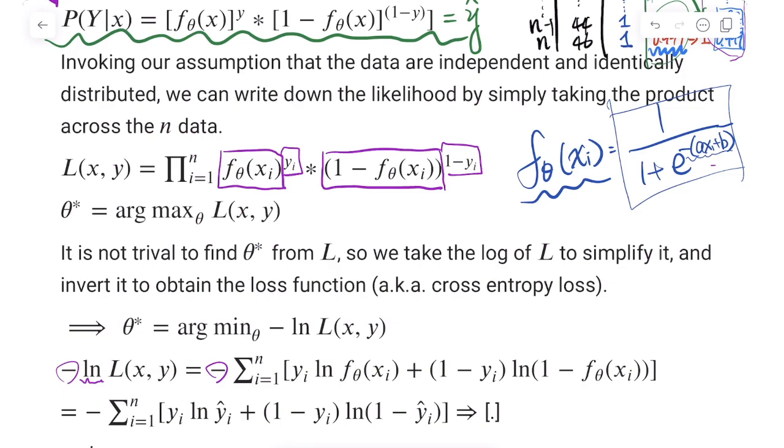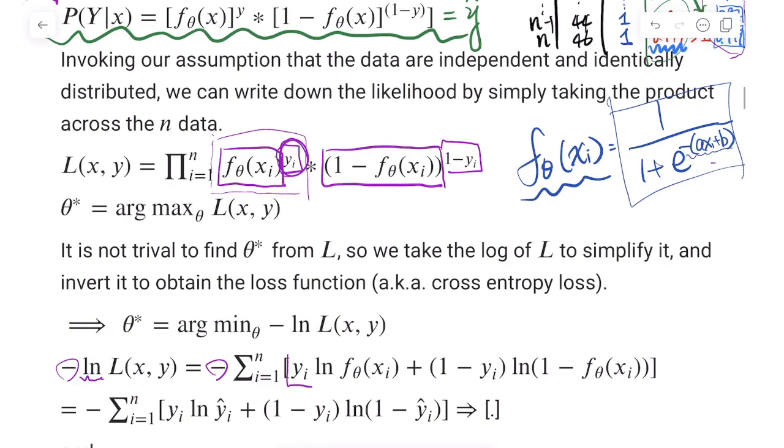Make sure you understand that when we talk about log on a function, especially a polynomial or function, we put a log right here. So for this purple part, the yi, which is the power right here, should be put right in front, and the f function here is still here, but we have a log.